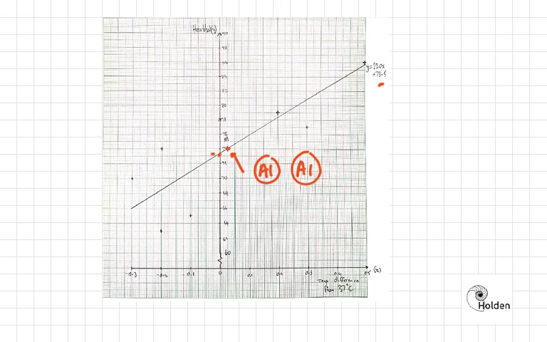A1 for a straight line using a ruler intercepting their mean point, and A1 for intercepting the y-axis at their 73.5, and the gradient of the line is positive. So that will give you an A1 for that definition. Now, if you're not sure about the calculator presses, they're in the next video.